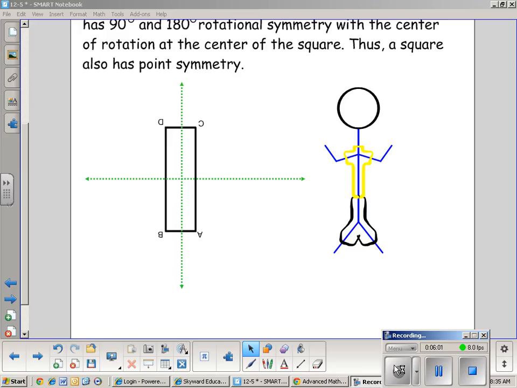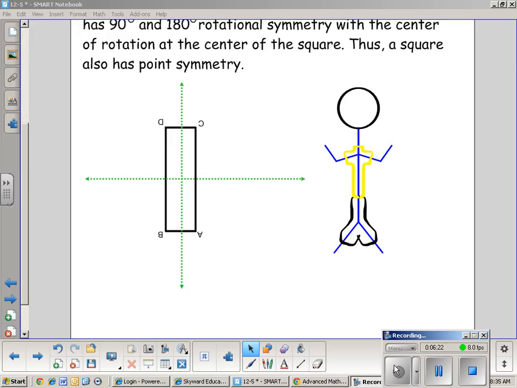I think they have a special word for that called bilateral symmetry. They use that term when they're talking about animals and people, that half their body matches up with the other half of their body.